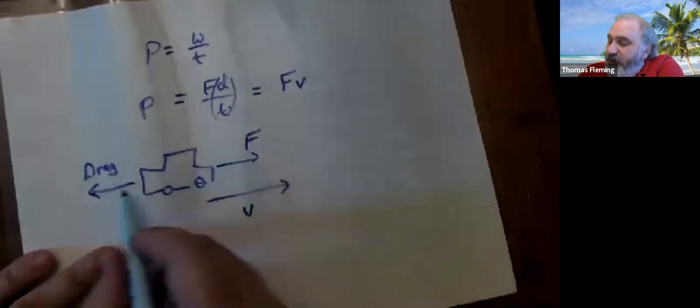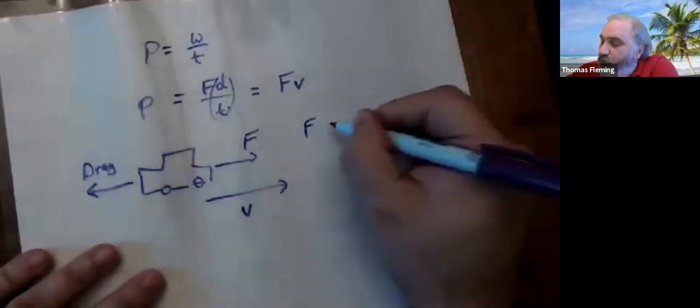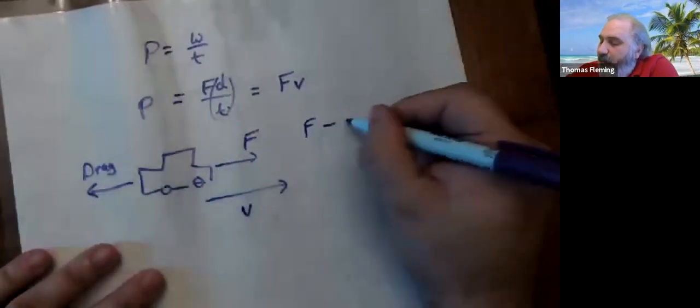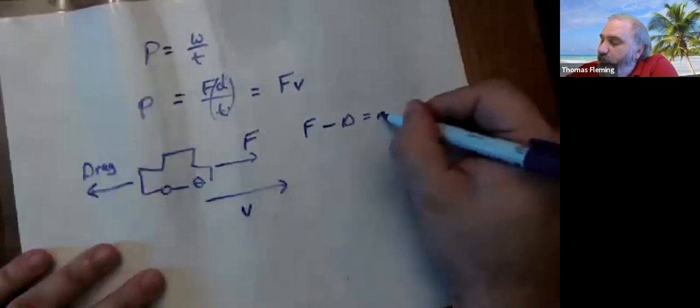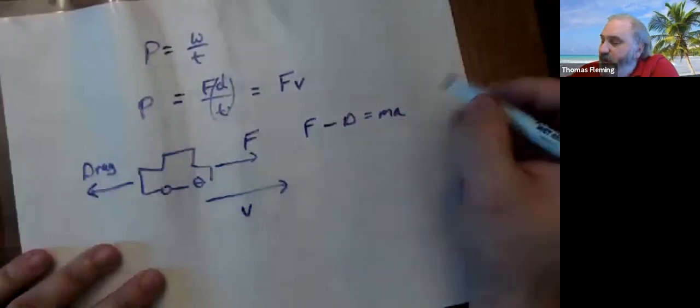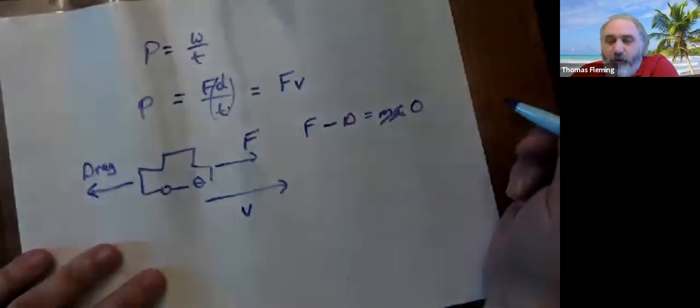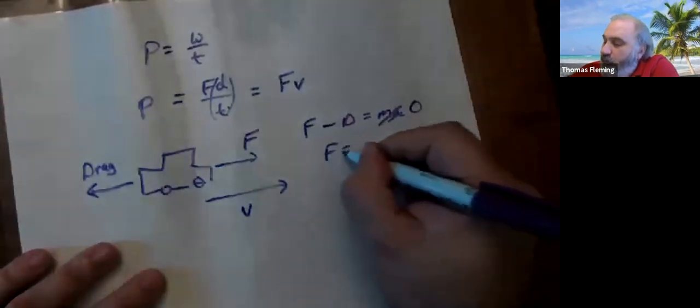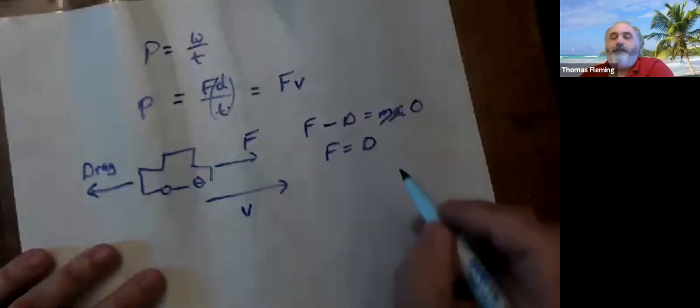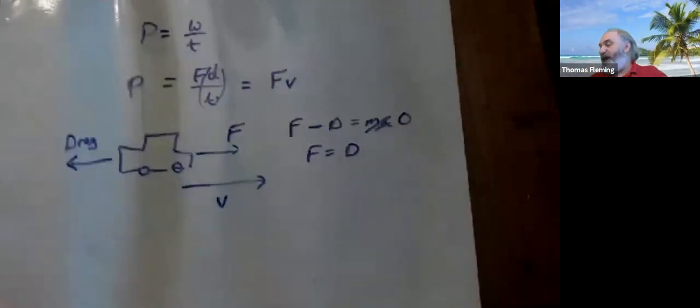So if I'm going to travel at a constant speed, the force that my car pulls forward minus the drag force has to equal ma. At constant speed, a is 0. So I got to push my car forward with at least as much force as the drag force.